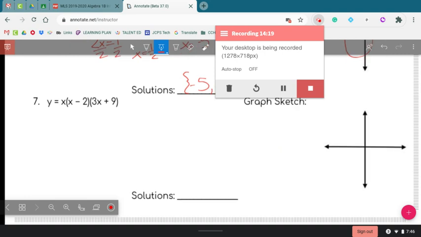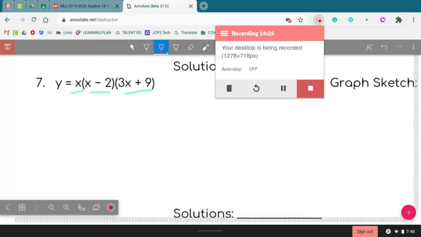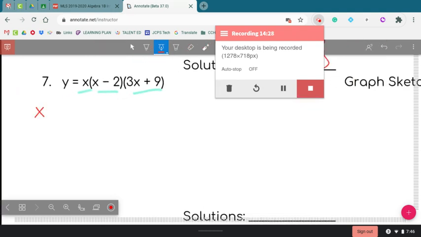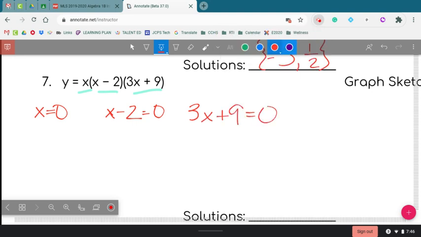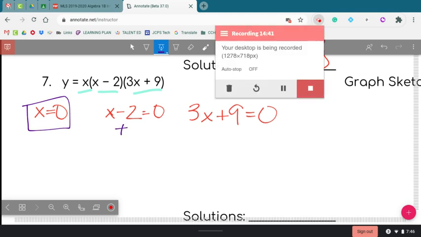Okay, the last one is a little bit different because we have x, x minus 2, and 3x plus 9. So we're going to have x equals 0, x minus 2 equals 0, and 3x plus 9 equals 0. So x equals 0, that is a solution. You're going to have x equals 2.